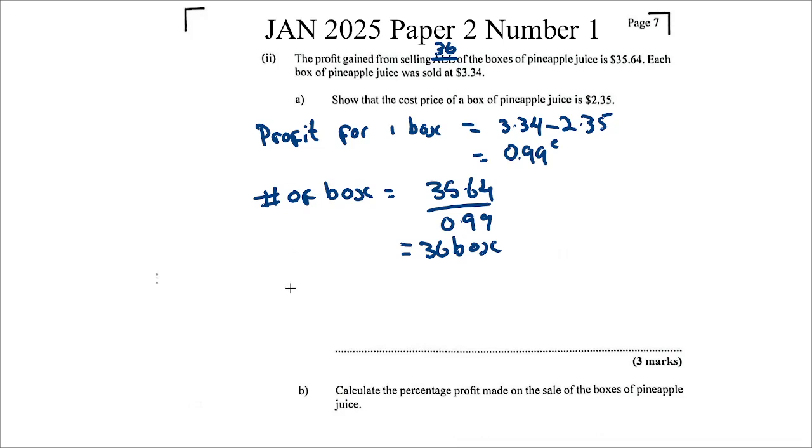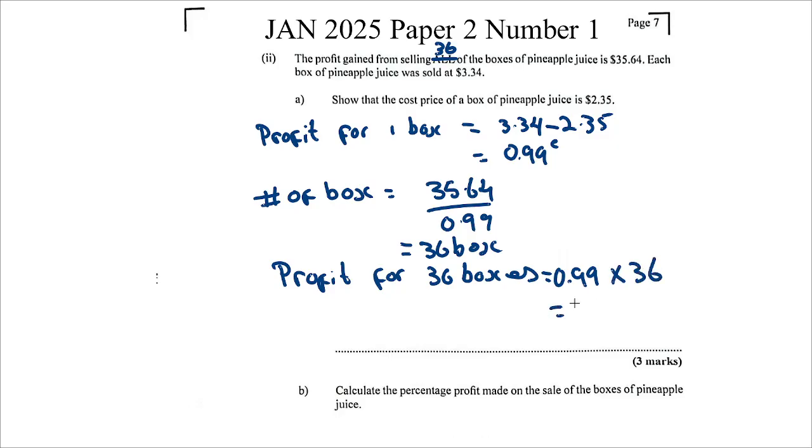After you find the number of boxes, you could have said your profit for the 36 boxes is, if one box is 99 cents, then 36 would be 0.99 multiplied by 36, which gives you 35.64.